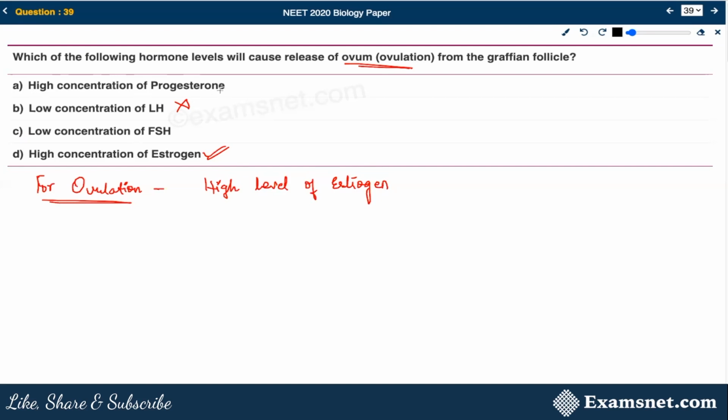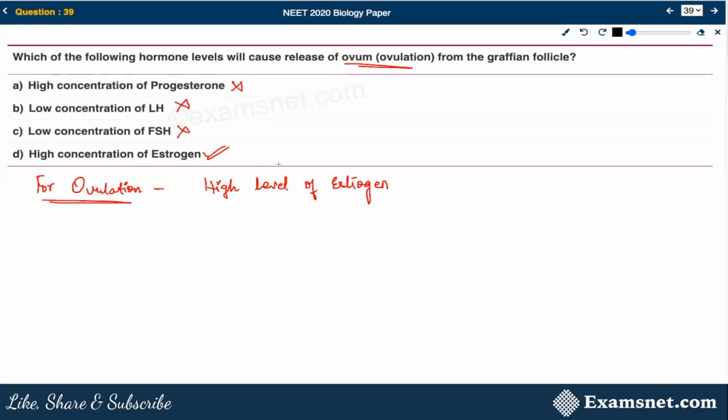Regarding the other options, high concentration of progesterone has nothing to do with the ovulation process, because this is a pregnancy hormone. So this won't be an option. Again, low concentration of LH won't be the answer either. FSH concentration should actually be high for inducing ovulation.